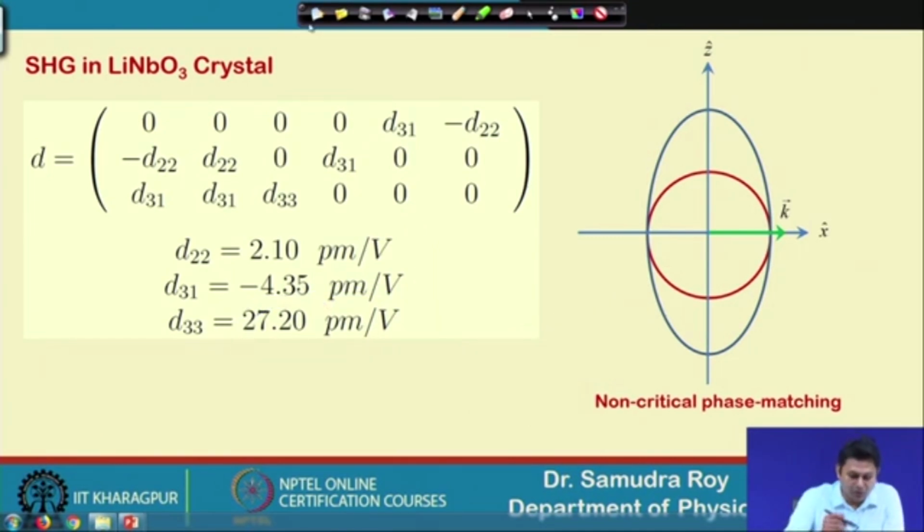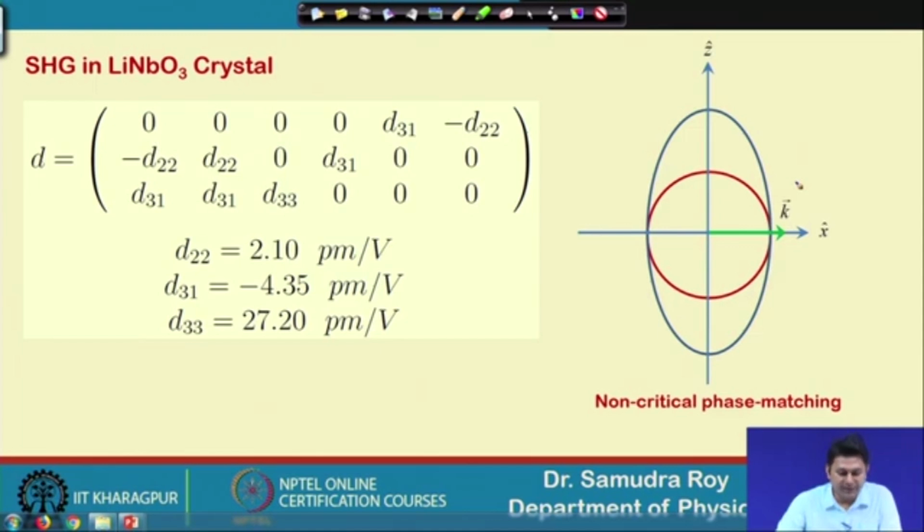Also, one thing I should mention here is that in this particular structure, in a non-critical phase matching system, the k vector is almost in the direction of the x vector. I am showing this figure because for the lithium niobate system the refractive index is temperature dependent. Ordinary and extraordinary refractive indices depend on temperature.